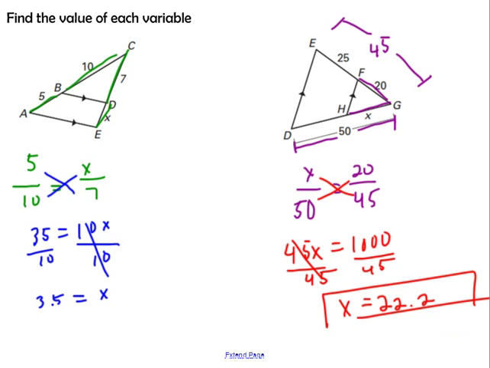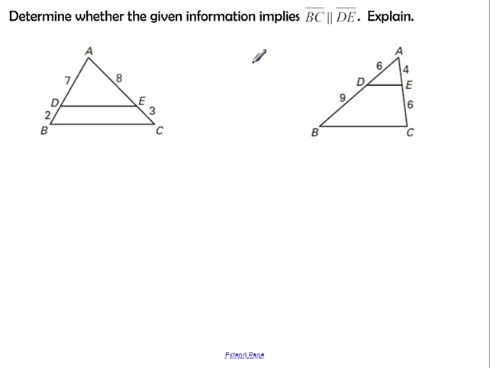Here we need to determine whether the given information implies that segment BC is parallel to segment DE. So we're actually using the converse of the side splitter theorem. So if the side lengths are proportional, then we can say that the two lines are parallel. So let's go ahead and set it up.